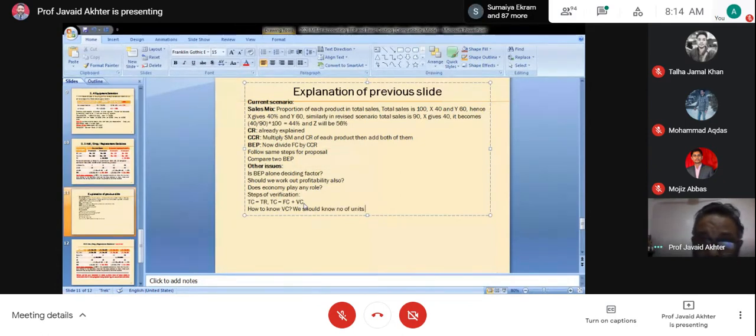Number of units sold. How do we know the number of units? If 4 lakh is your total revenue, it should come in the light of the fifth assumption. The 4 lakh should be divided in a 4:6 ratio.